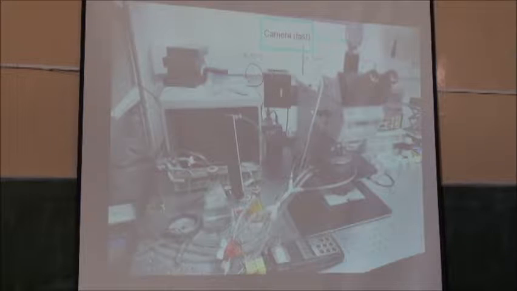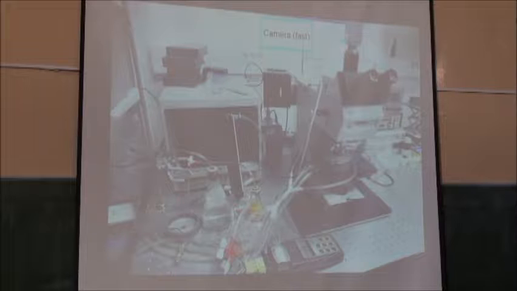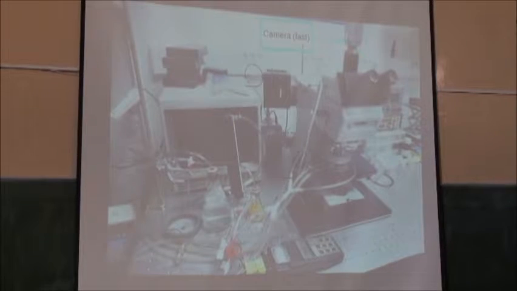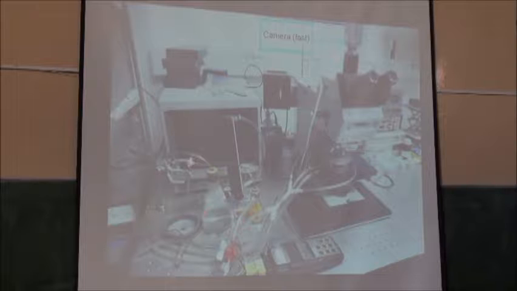Now that's a picture. Just to tell you, that's dry nitrogen or air with a fish tank pump bubbling into this Erlenmeyer bottle, and so it's making a lot of bubbles, and after the humid air is coming this way.